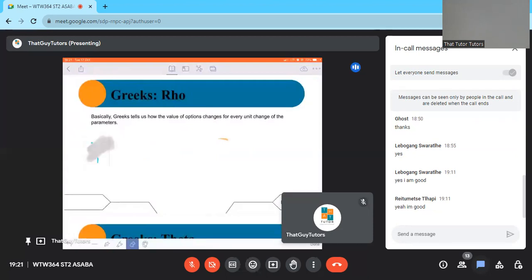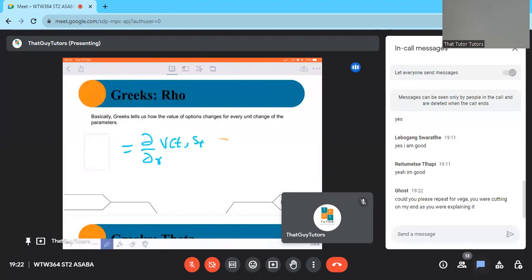Again, the one for rho: you would have the derivative with respect to the risk-free rate. So this is what rho tells you. It tells you how sensitive the value of the claim is to changes in the interest rate of the bond or of the bank.